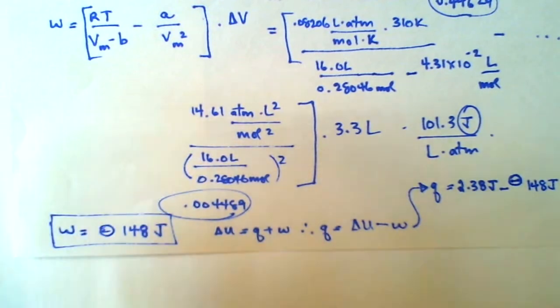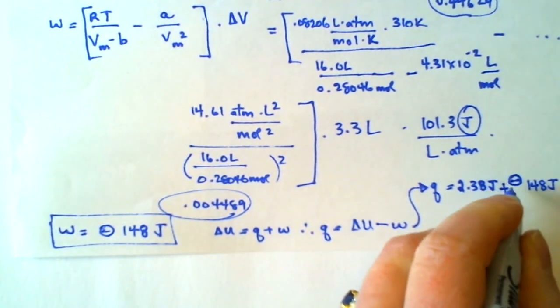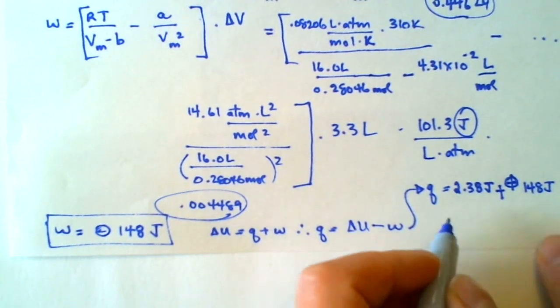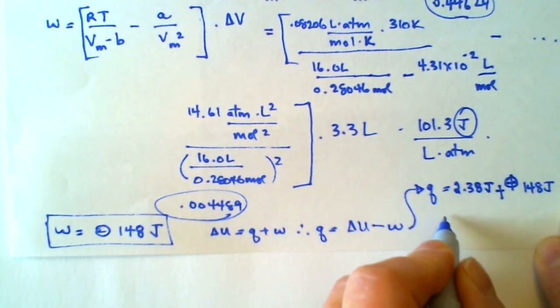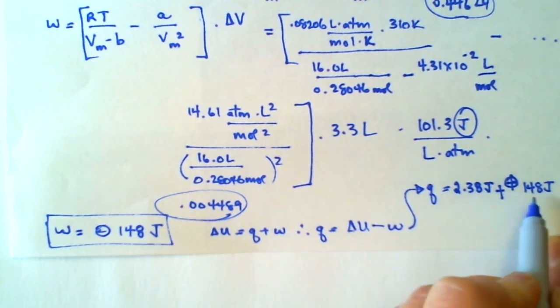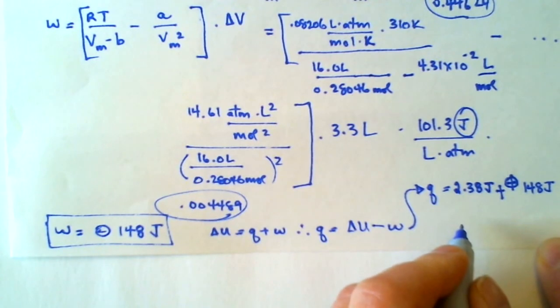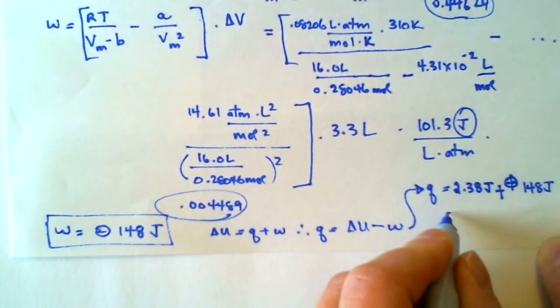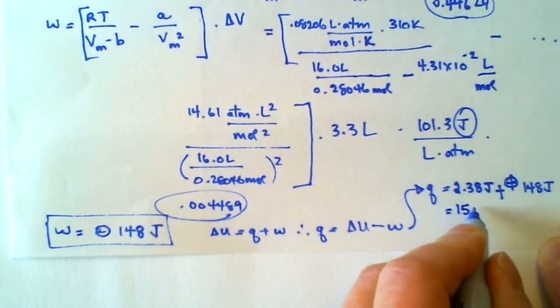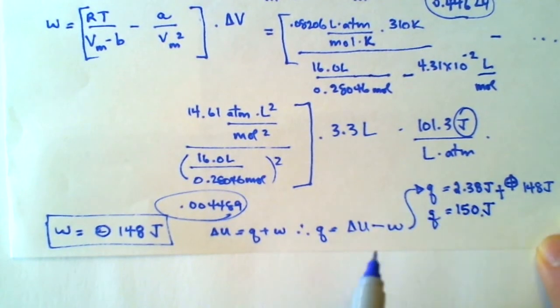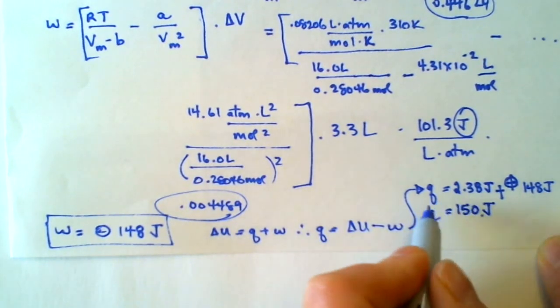So minus a negative is plus a positive, and 148 plus 2.38 is 150.38. But I have no decimal places on here, so my answer should be with no decimal places. So 150.38 is rounded to 150. And there's my value for Q.